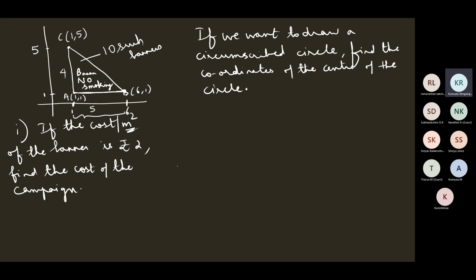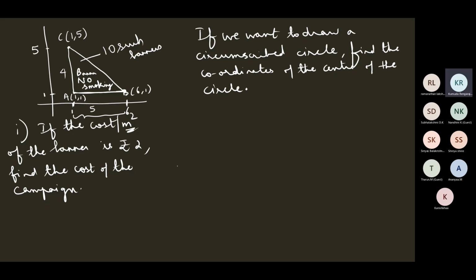Incenter is the center of the incircle. Centroid is the point of concurrence of the medians of the triangle. Orthocenter is the point of concurrence of the altitudes of a triangle. Now, only in the case of an equilateral triangle do they coincide. In other triangles, it's different.